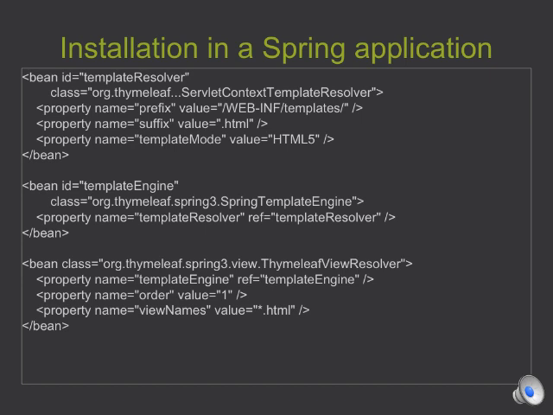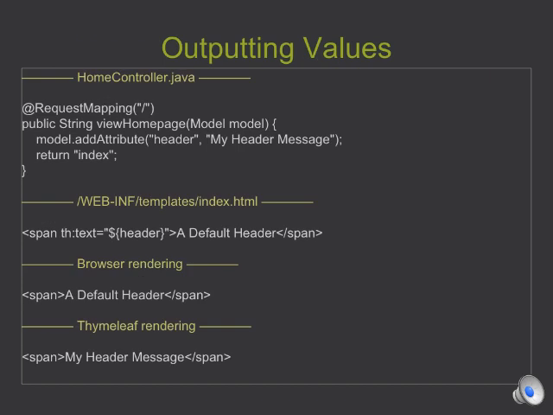Alright, so the most basic thing we can talk about here is getting some value from some Java code onto a template. And the way that we do that is with this th:text attribute that I've added to this span tag that you can see here. What you see inside the span is a default header, and then there's also this th:text attribute.